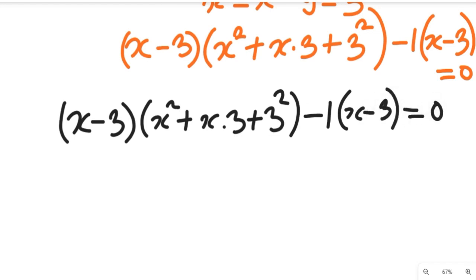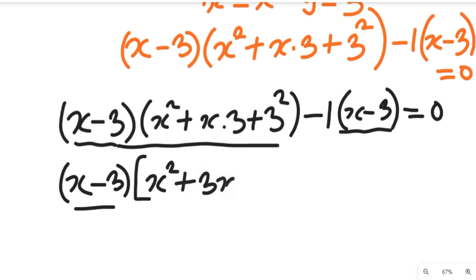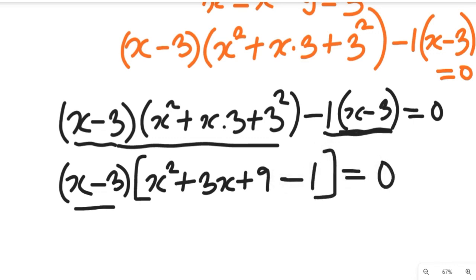Now you notice that x minus 3 is common, so we'll bring out x minus 3, which is common, and then we'll have this whole expression divided by this will give us x squared plus 3x plus 9, while this whole expression divided by this will give us minus 1, and this will be equal to 0.